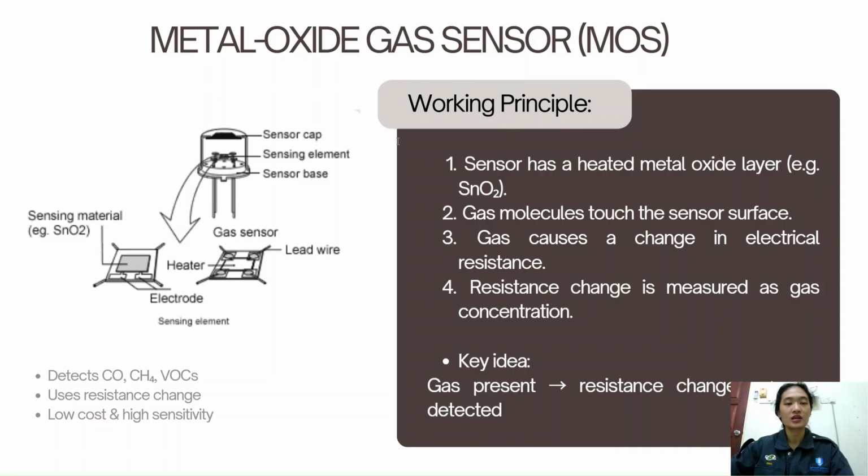Electrodes connected to the sensing layer measure this resistance change and convert it into an electrical signal. The signal is then processed to provide the gas concentration output. In summary, metal oxide sensors detect gas by measuring the resistance changes caused by surface chemical reactions.